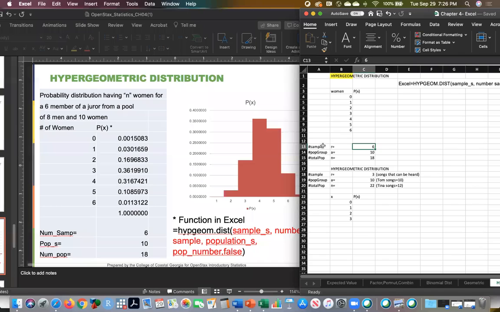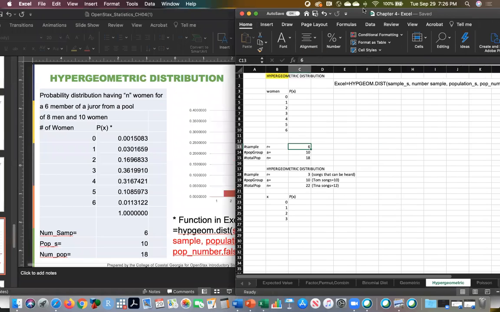So in this case, we need certain numbers. We need the sample S, which means how many women I want in that committee. I'm going to calculate the probability of having 0. Then I need some other values like the sample size and the population. All of these are here.